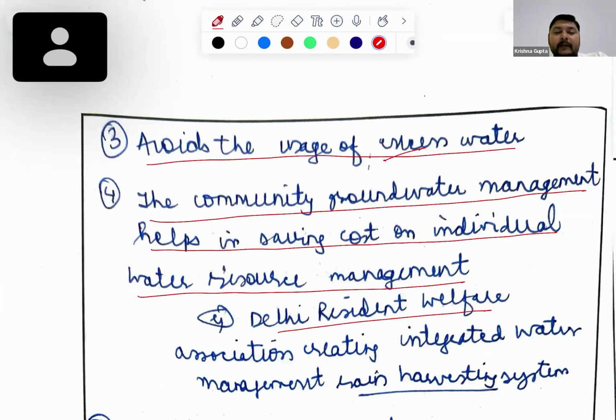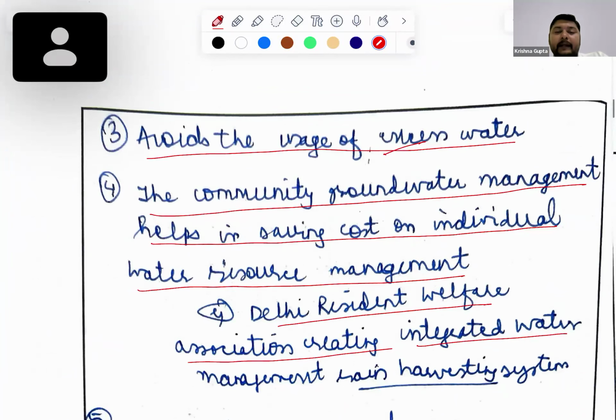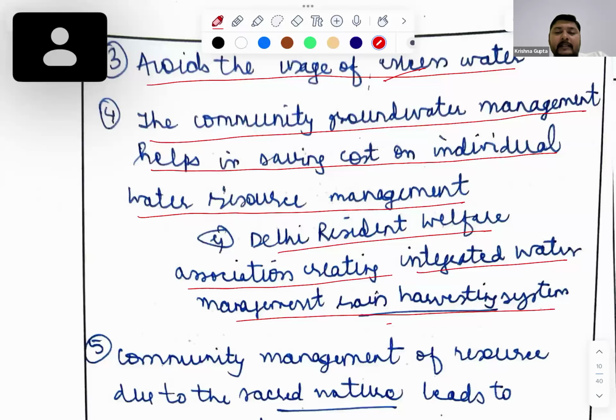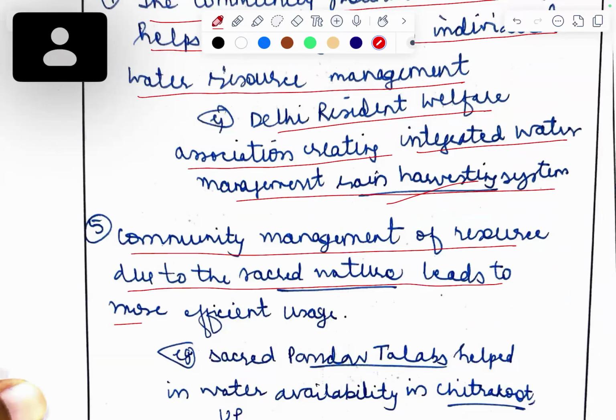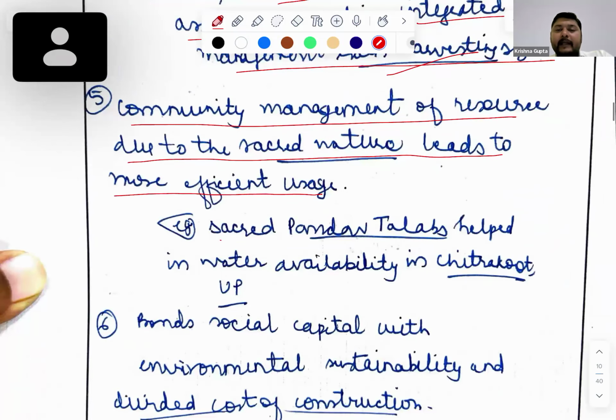Delhi Resident Welfare Association creating integrated water management and rain harvesting system. Community management of resources due to the sacred nature leads to more efficient usage. Sacred fund of tanks helped in water availability in Chitrakoot, UP.